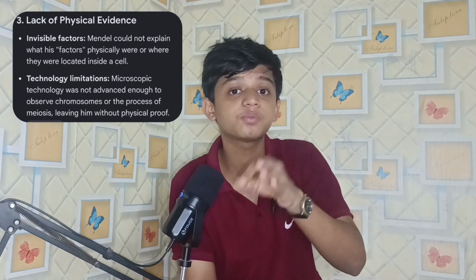Also, the chromosomes, the genes, the factors that Mendel told about, he didn't have any proof for that. He just gave his theory that there are some factors which are responsible for the genetic transfer from parents to the offspring. He didn't have any proof for that. So that's why it was pretty rough.